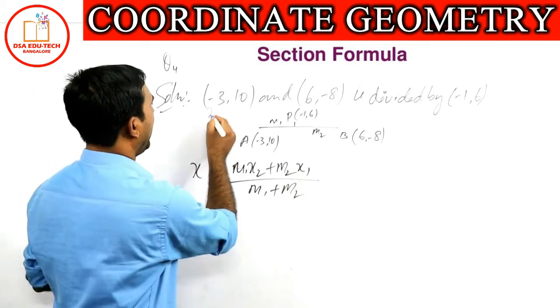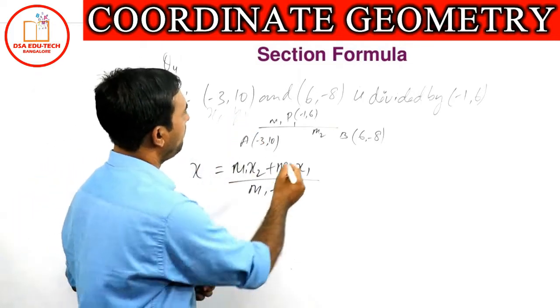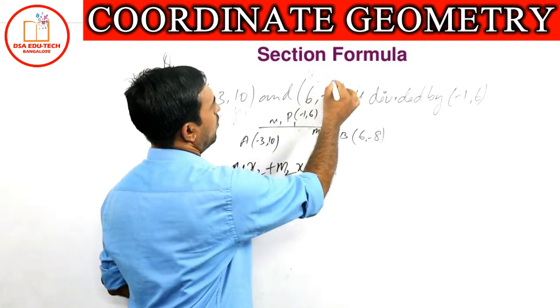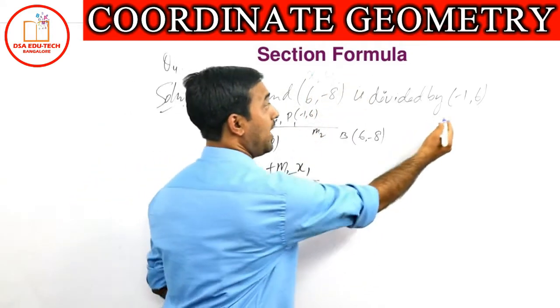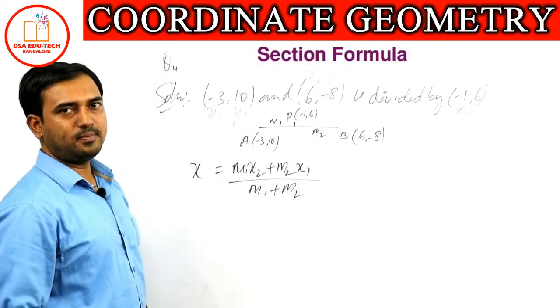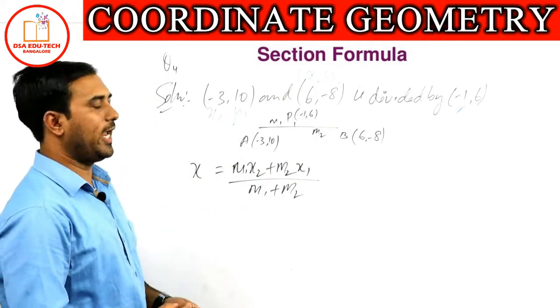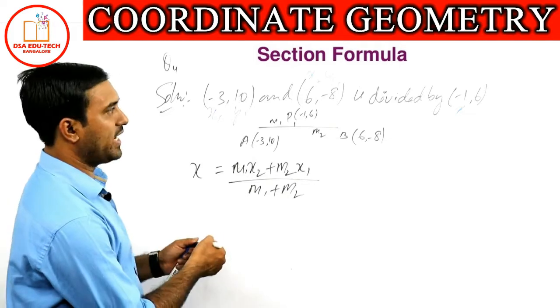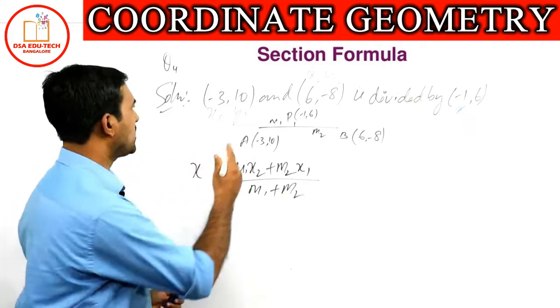This is my x1, y1, x2, y2, and this would be my x, y, the x coordinate and y coordinate. Let's simplify. The x coordinate is what? Minus 1.